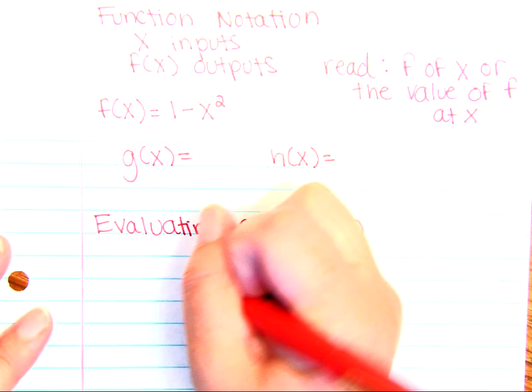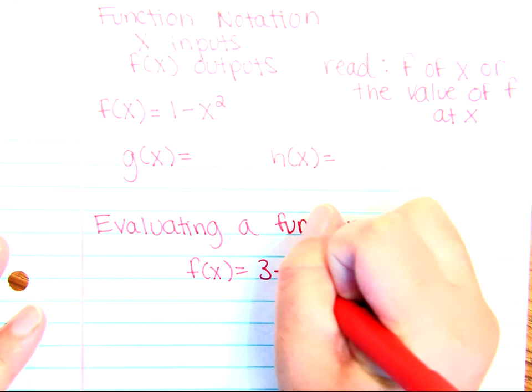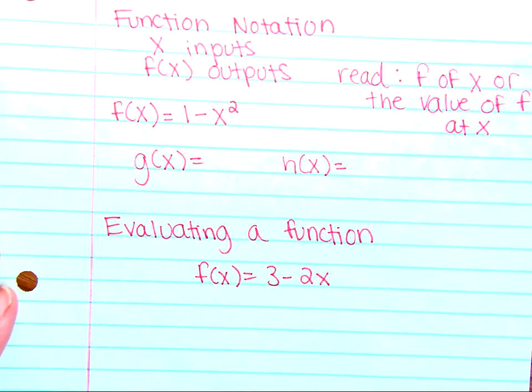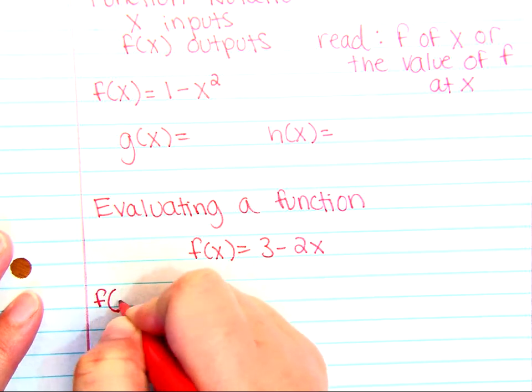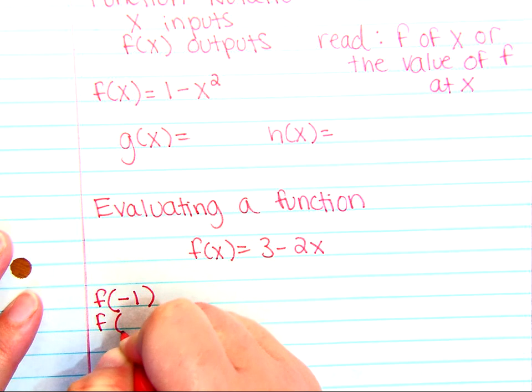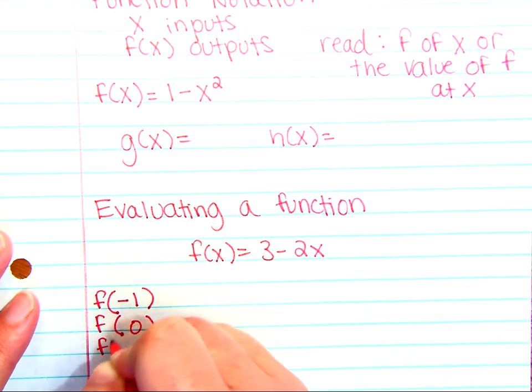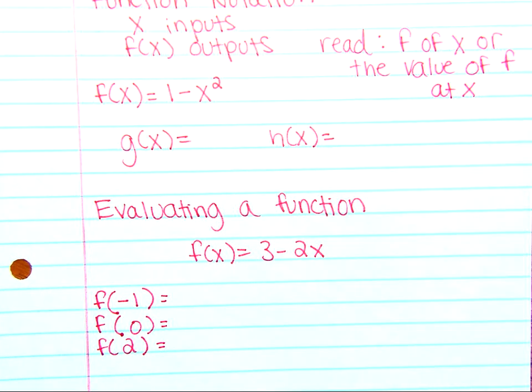So we've got our function f of x equals 3 minus 2x. And I want to know the value of f at -1, the value of f at 0, and the value of f at 2. Okay, and this is exactly what you guys are used to.